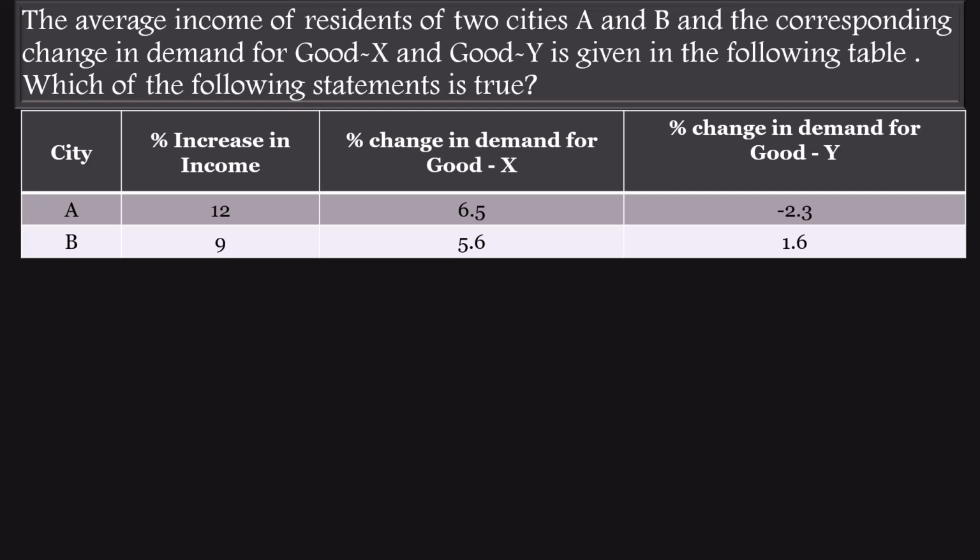In city A, 12% increase in income, 6.5% change in demand for good X, negative 2.3% change in demand for good Y. In city B, 9% increase in income, 5.6% change in demand for good X, 1.6% change in demand for good Y.